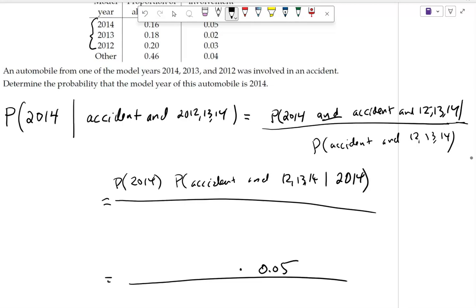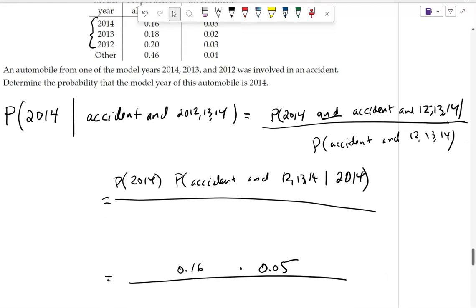Probability of 2014. It's 0.16, right? They tell you that this is a proportion, so 16% of the vehicles are from 2014. So that part's pretty easy, right? So far, so good?